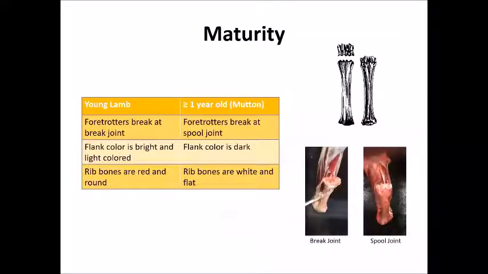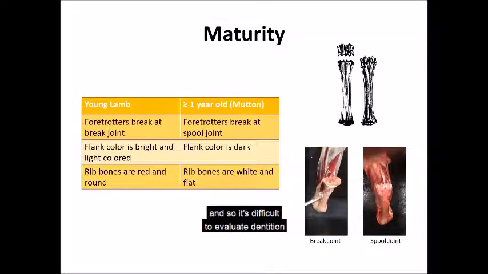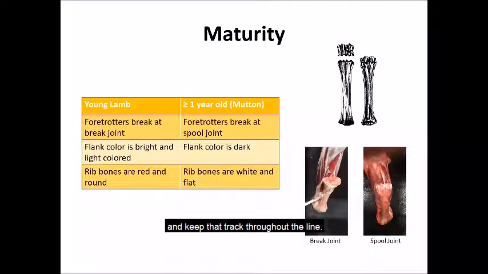So maturity is the best proxy for age in a carcass. Okay, in a sheep, we can use its teeth. We can use dentition to assess its age because they get a pair of new permanent incisors every year. Lamb carcasses don't have a head, and so it's difficult to evaluate dentition and keep that tracked throughout the line.